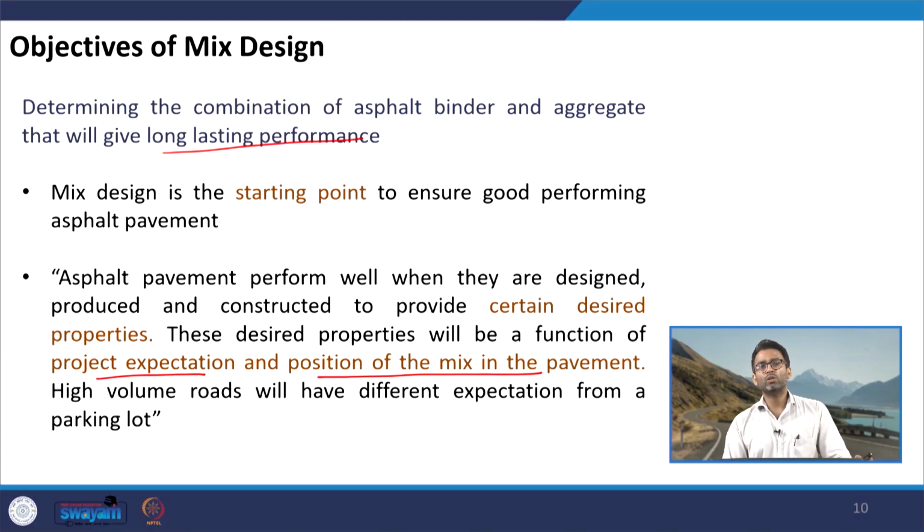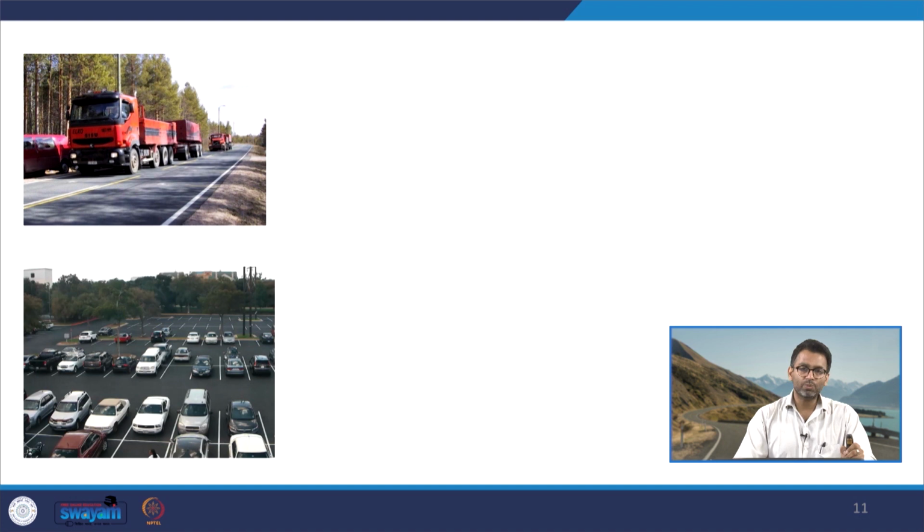Also, it depends on the facility for which we are designing the mix. For example, the requirement of high volume roads will be very different from the expectation which we will have from a parking lot. So, based on the facility, the expectation and accordingly the mix design will have to be controlled. These are just some random pictures showing different conditions, to understand how and why for different types of location we will have to think about different ways of designing or choosing the mix parameters.